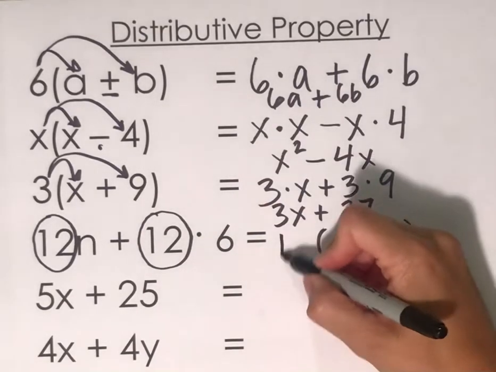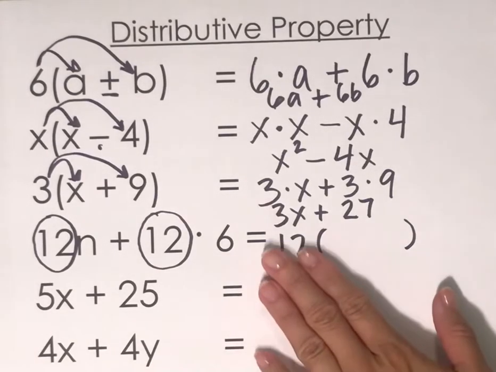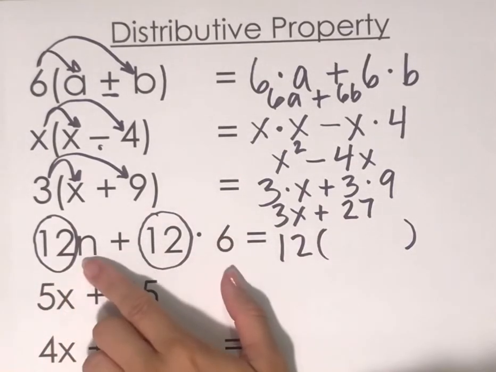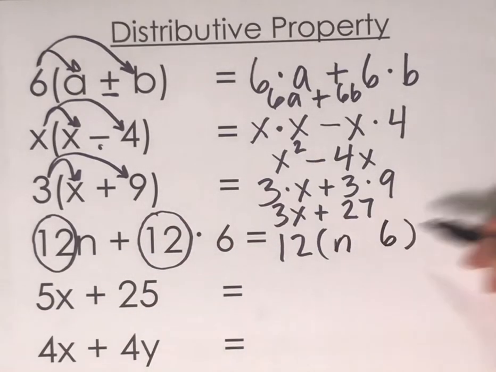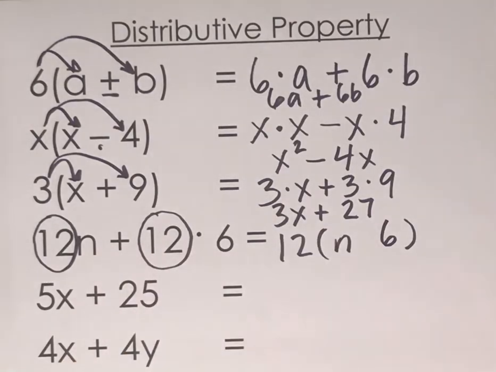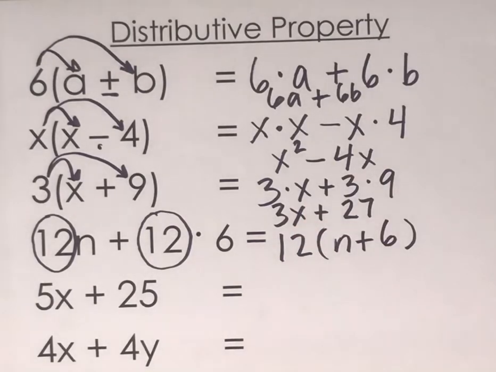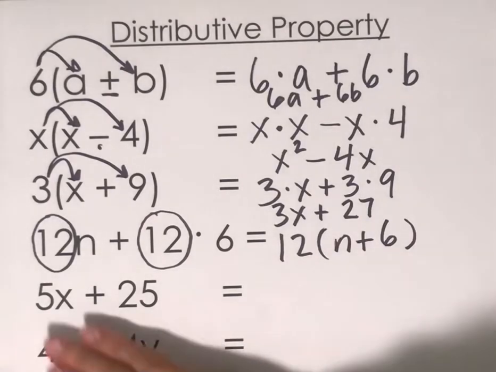So the 12 comes outside the parentheses because the common factor always goes on the outside, and then what's left goes on the inside. So I have an n and a 6. And then don't forget we're adding, so I put an addition sign in between. So now we just kind of flipped our direction, going from this side to the other side.